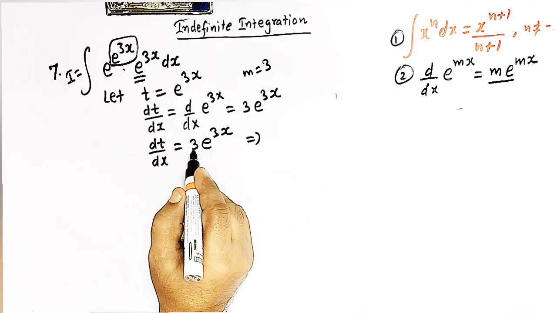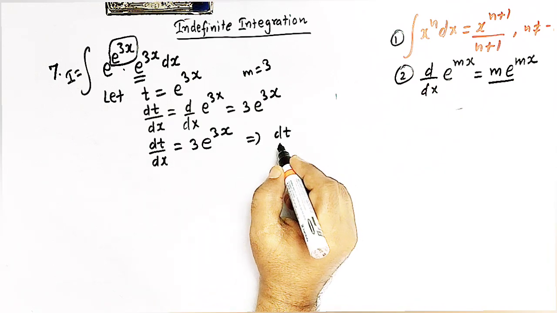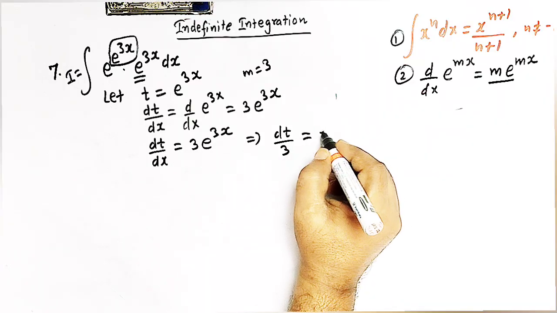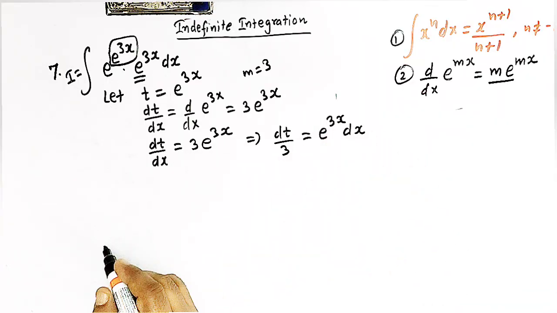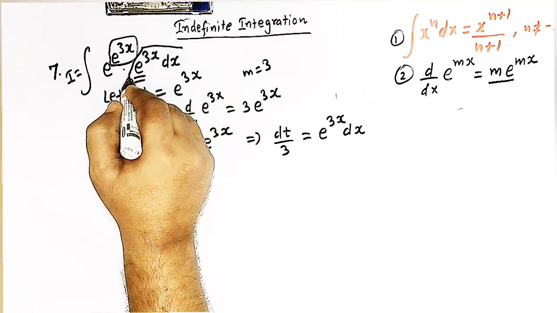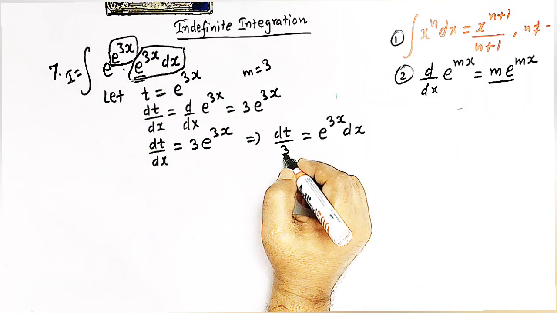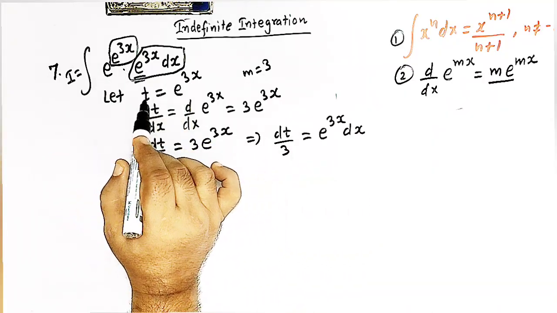So we can now take 3 in the denominator of dt, and we can take dx to this side. So we have e raised to 3x dx. For this term we can write dt over 3, and for e raised to 3x we can write t.